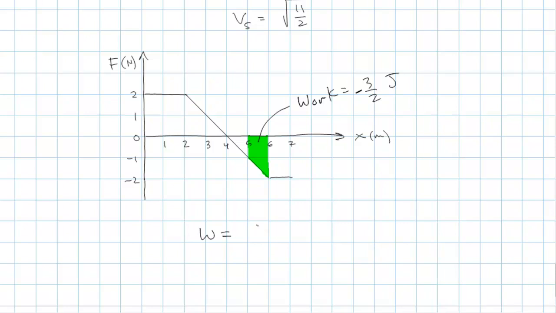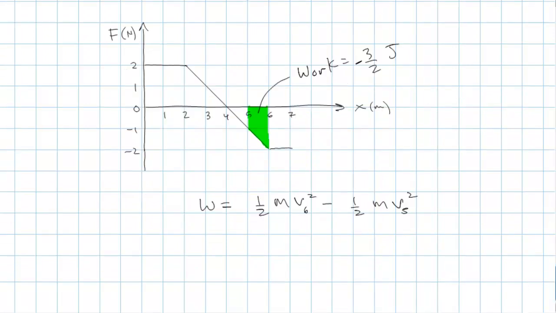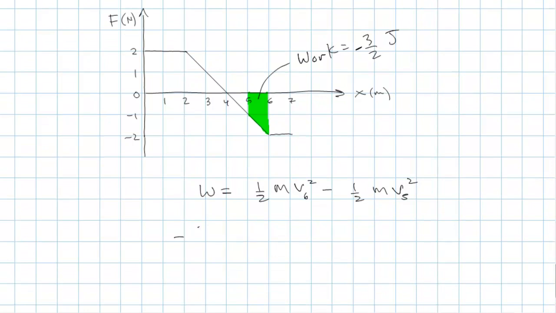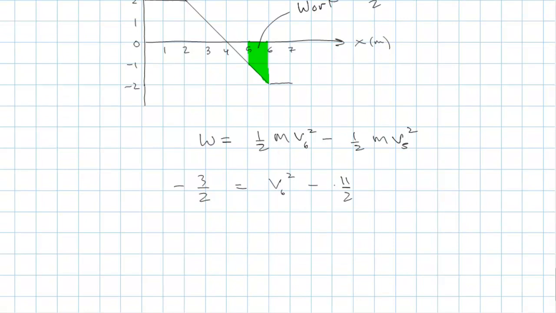Work is 1/2 m v6 squared minus 1/2 m v5 squared, and that all has to be negative 3/2 of a joule. M is 2. V5 was the square root of 11/2. We're squaring it. We got 11/2. That's 4. V6 is equal to 2 meters per second.